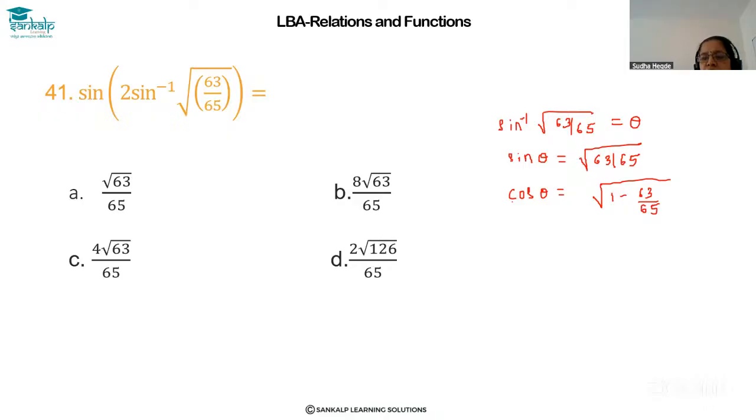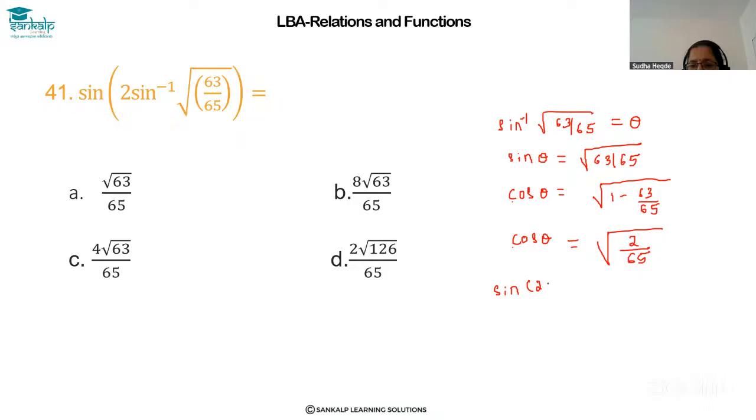Correct? Squaring root 63 by 65 is 63 by 65. Therefore, cos theta is equal to square root of 2 by 65.